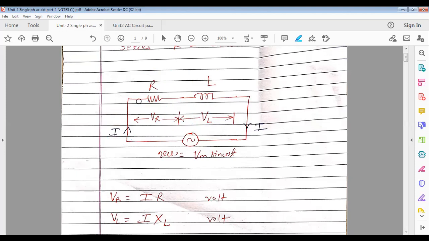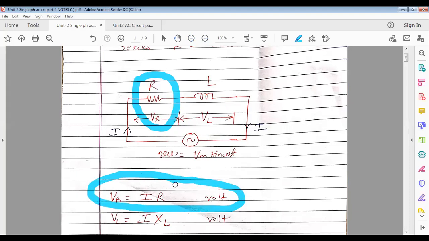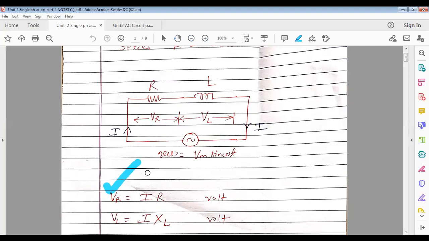Okay. Now, current flowing through resistance is I, resistance is R. So what is the formula for VR, voltage drop across resistance? Current into resistance. Correct, I into R. See here, I have written IR, right? Unit is volt. Whenever you are considering VR in RMS, then I also must be RMS.